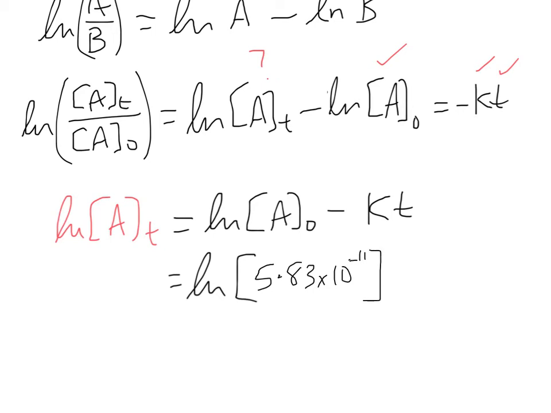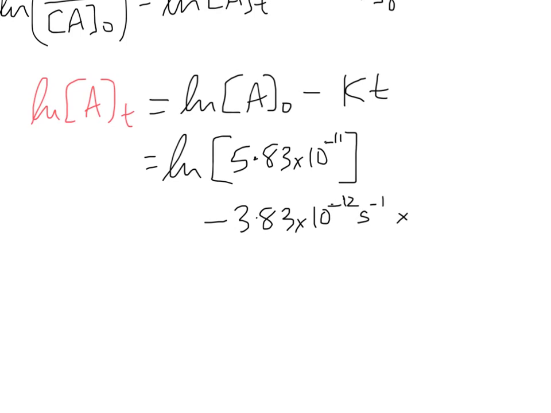And we subtract from that k, 3.83 times 10 to the minus 12 per second, multiplying that by the time, and the time was enormous, right? And so this was 3.787 times 10 to the power of 9 seconds.